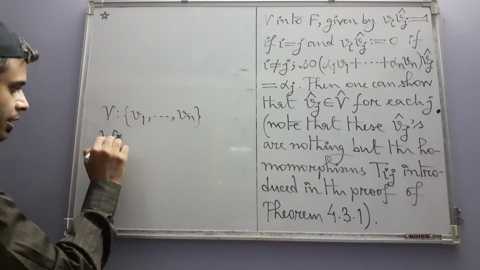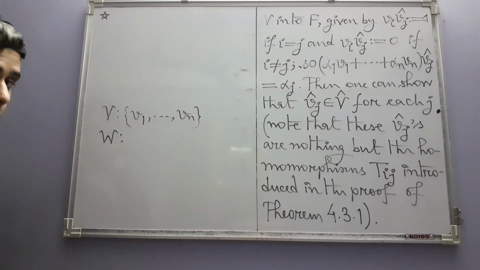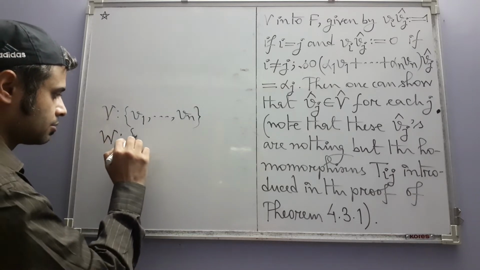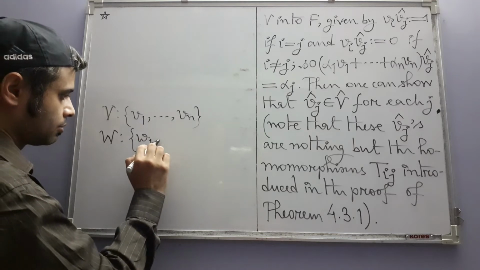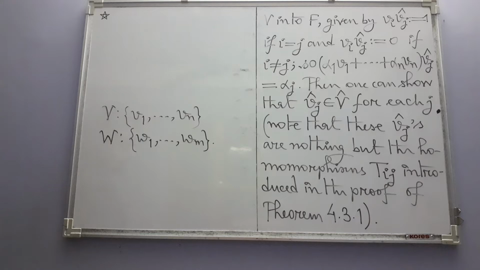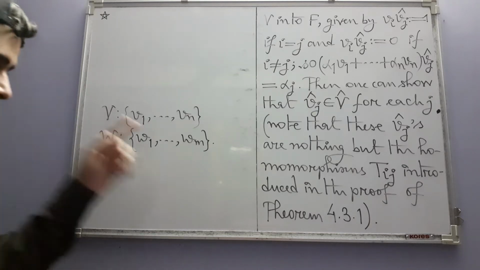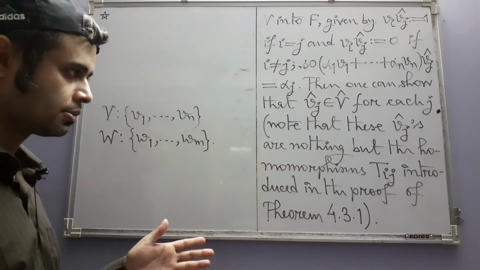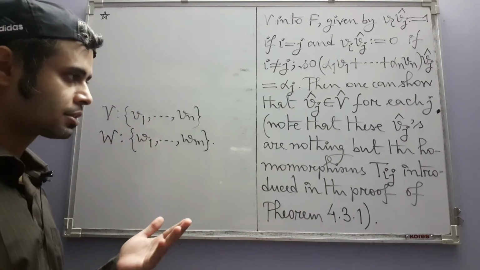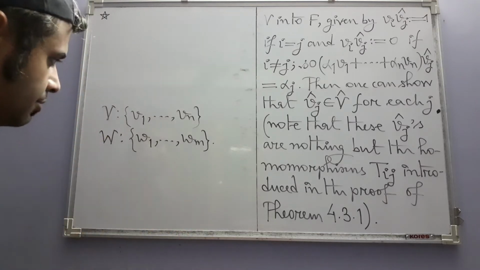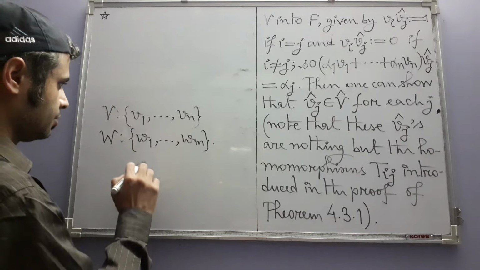W also is a finite dimensional, m-dimensional vector space which also has some basis w1 up to wm. Now, in the proof, using these bases, we defined some linear transformations or homomorphisms from V into W in this way.